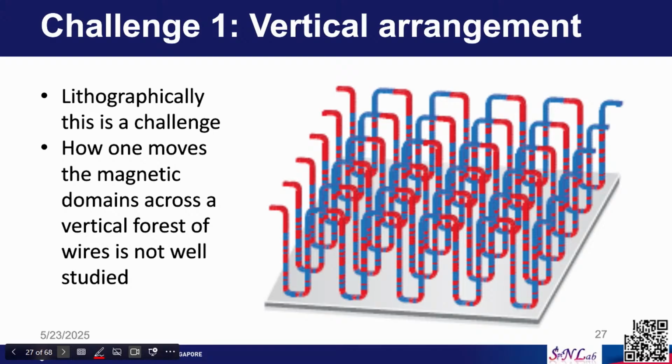Has anyone done lithography in your research? Making lithography just along the horizontal direction itself is challenging, but if you want to create wires in the vertical direction, it is easy to draw, but difficult to achieve practically. So, this has been a challenge for many years, people have not solved this problem.